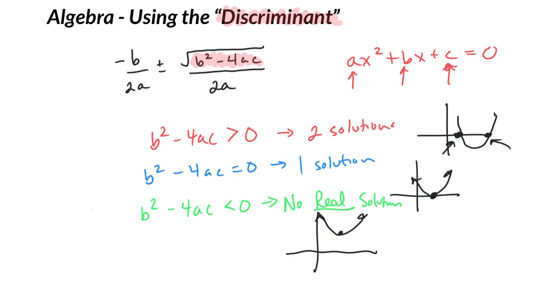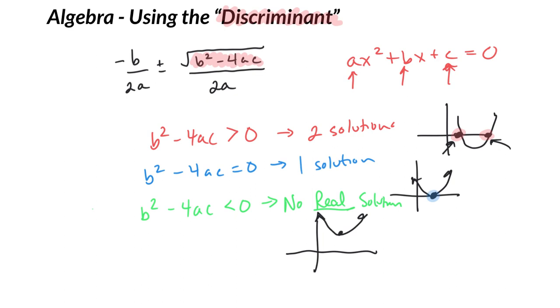So again, if what's under the square root is greater than 0, this leads to two solutions, two times where the parabola hits the axis. If, on the other hand, it's equal to 0, b squared minus 4ac is equal to 0, that means because I'm just adding or subtracting 0, there is one solution.